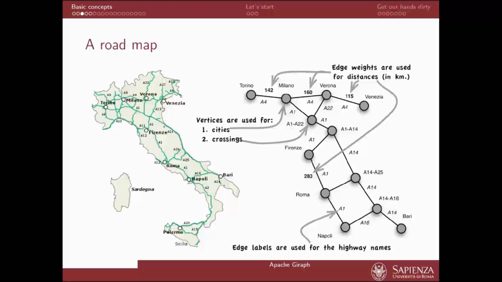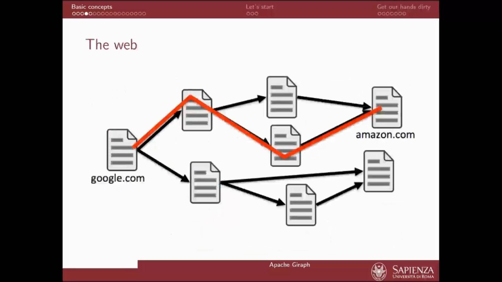A roadmap is another possible example in which vertices are just cities and the edges are the roadways between them. The web obviously is a huge graph in which every page can be seen as a vertex, and links can be represented as edges, and the relationship occurs between them in a unidirectional way.